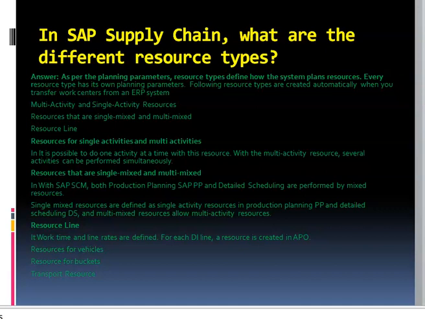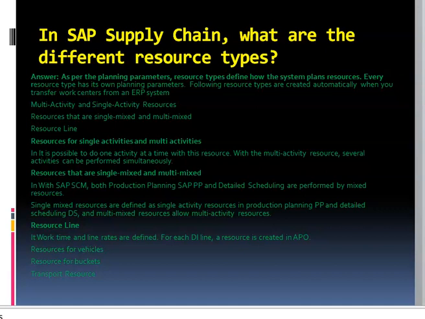Resources that are single-mixed and multi-mixed: in SAP SCM, both production planning, PP, and detailed scheduling, DS, are performed by mixed resources. Single-mixed resources are defined as a single-activity resource in production planning PP and detailed scheduling DS, and multi-mixed resources allow multi-activity resources.